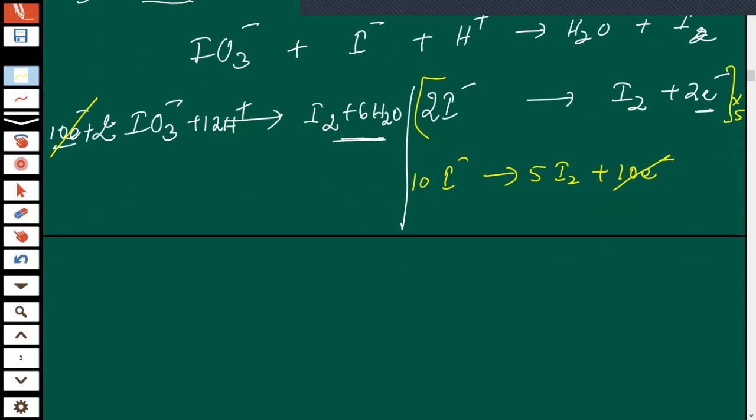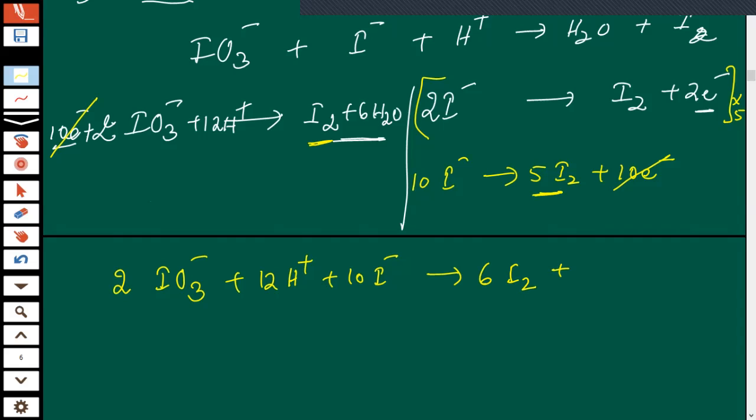So you will write 2 IO3 minus plus 12 H plus plus 10 I minus gives you 1 I2 and 5 I2, which is 6 I2, plus 6 H2O.